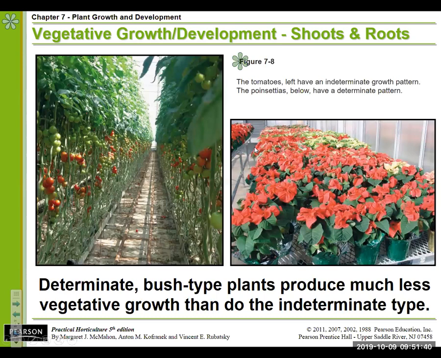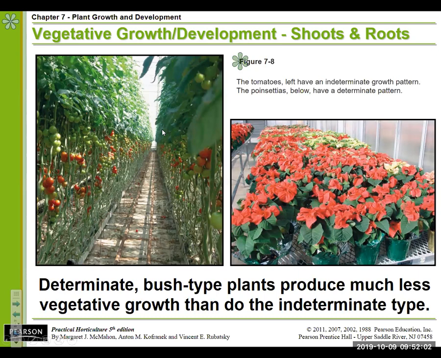So some examples here, in tomatoes, we have actually both indeterminate and determinate types of plants. And another one we could compare it to would be beans. So we have bush beans and then pole beans, right? And then we also have the half runners, some that are kind of intermediate there.